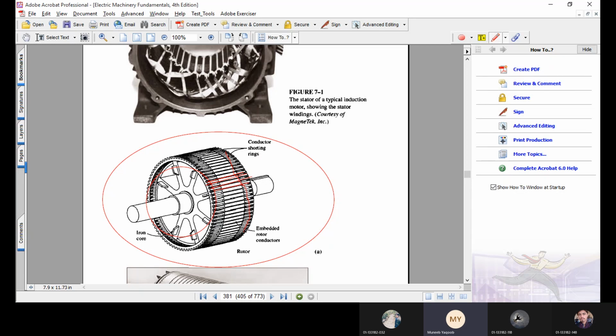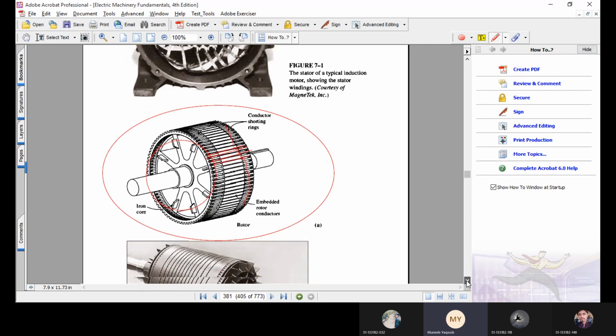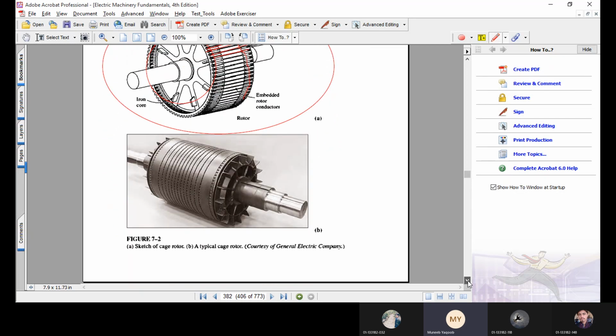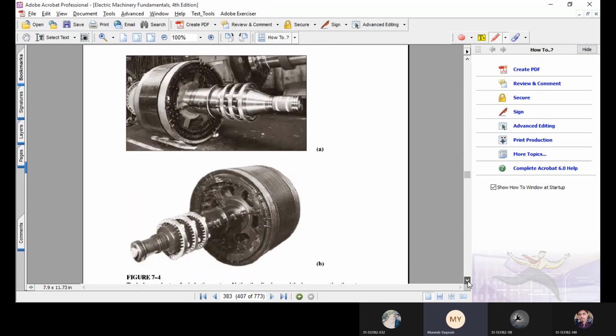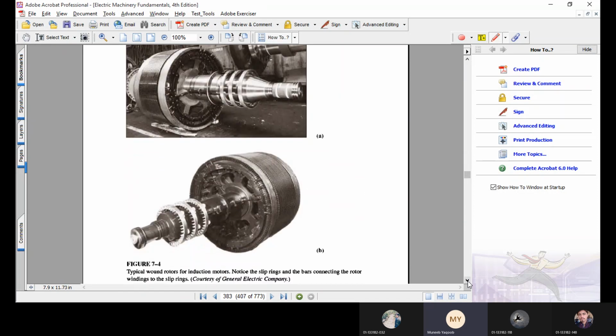Now coming to the second type of motor, known as the wound rotor induction motor. In a wound rotor induction motor, we provide the stator, as in the squirrel cage induction motor, with a three-phase set of winding, because to the stator we have to provide a three-phase set of voltages for the production of the rotational magnetic field.